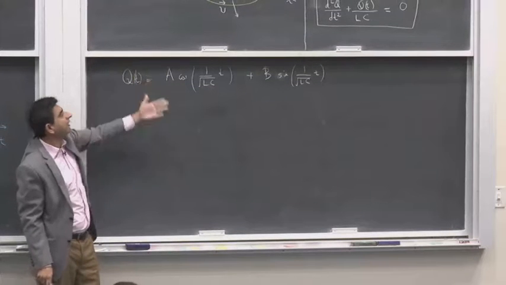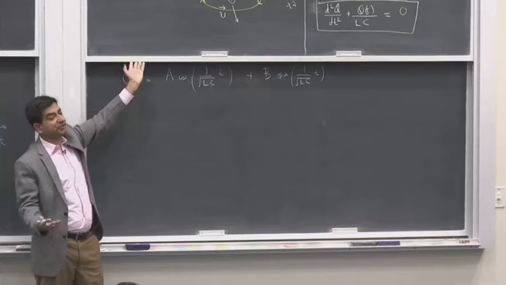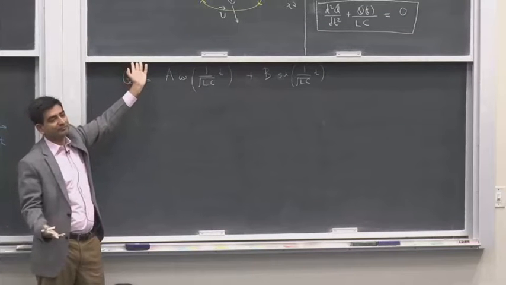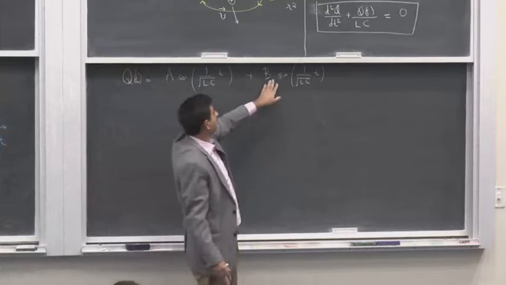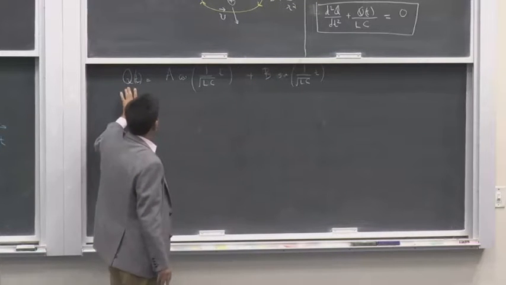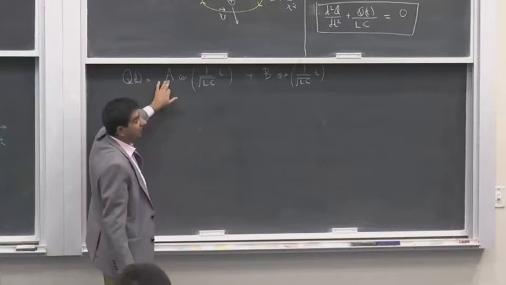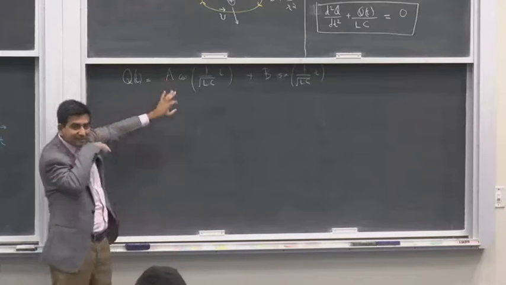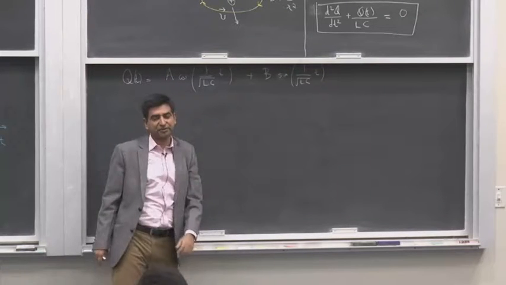Now if the charge on this capacitor was initially 0, then at time t equals 0, this thing goes away. This is 0, which means A is 0. So I can find these constants from the initial conditions.